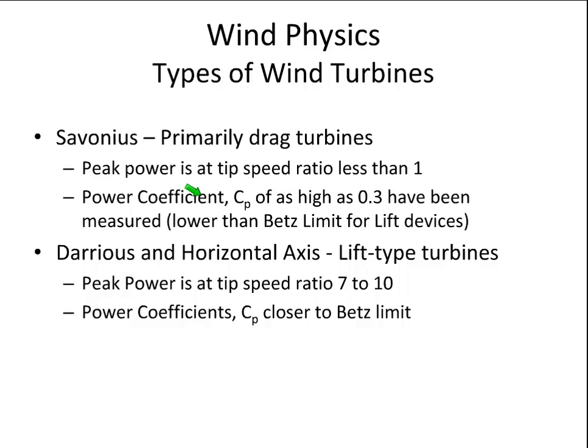They have seen power coefficients or efficiencies as high as 30%, but that's not very typical. You're typically in that 10% range, so they're not real efficient machines. Again, tip speed ratio of less than 1. For the Darius and horizontal axis turbines, we can see tip speed ratios of 7 to 10, and so we have efficiencies that are closer to the Betz limit.